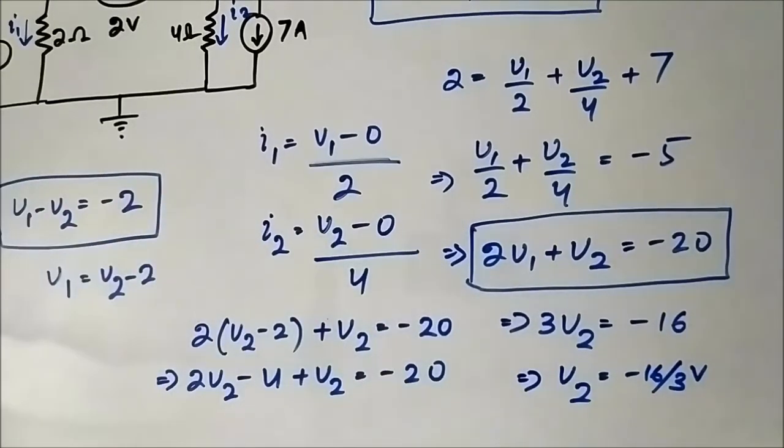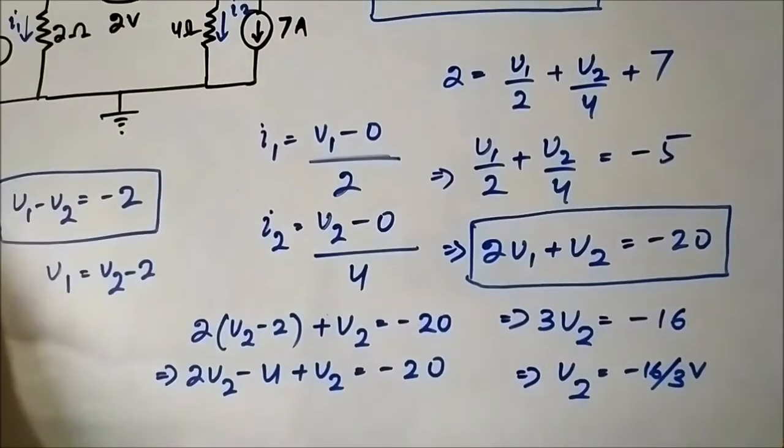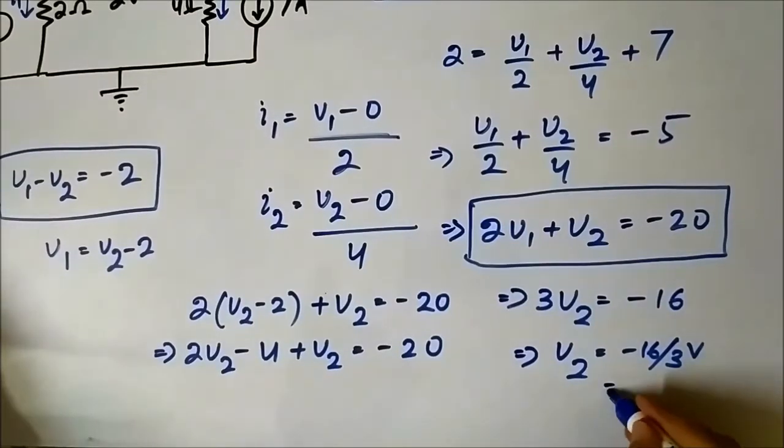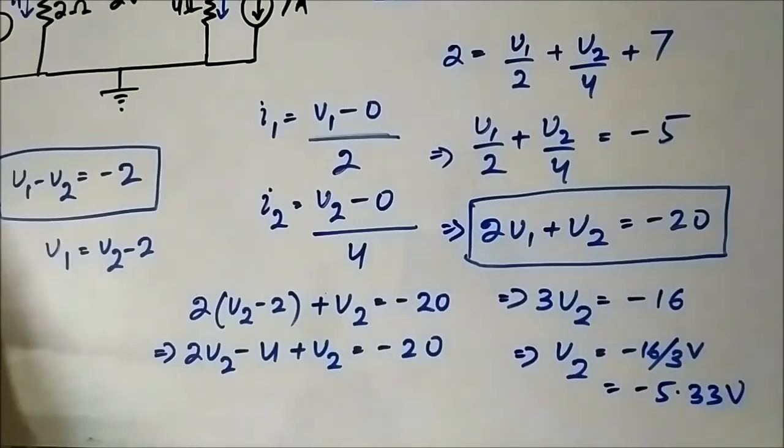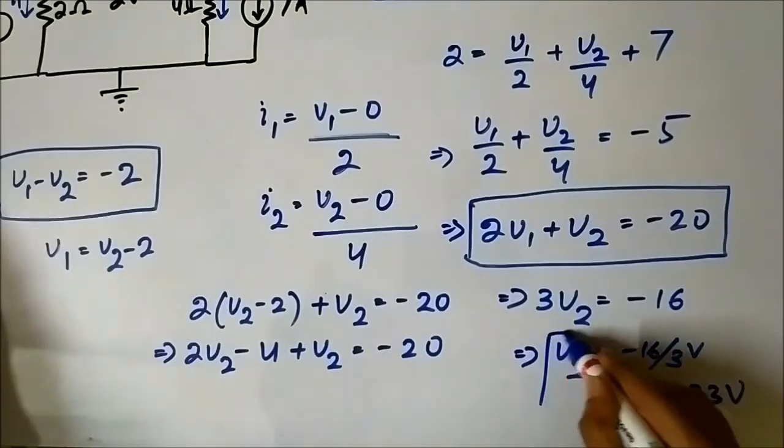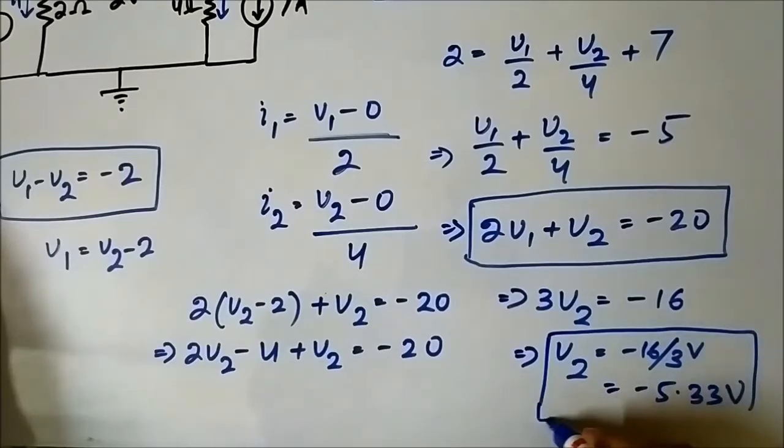If we calculate the value, it would be 16 divided by 3, which is equal to minus 5.33 volt. So V2 is equal to minus 5.33 volt.